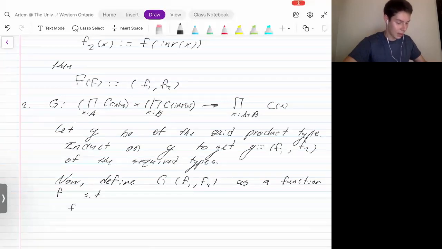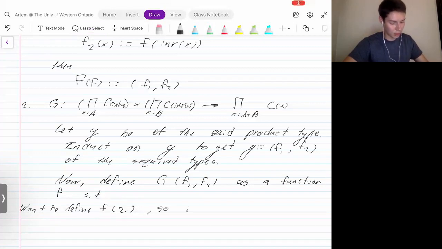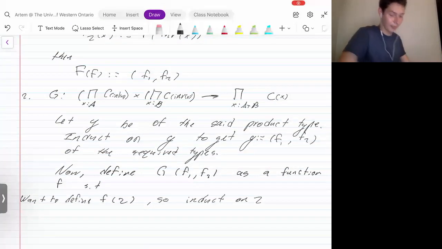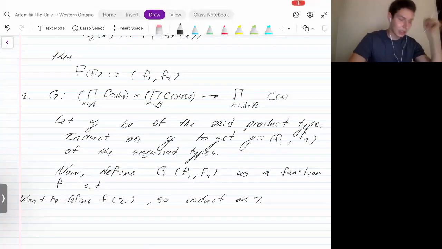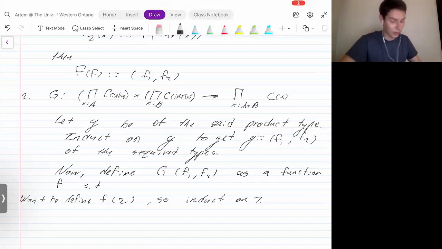Well, f at some variable z we want to define, so induct on z. So f here is supposed to be of the type of this dependent function space, where C is dependent on the coproduct. So we induct on z as an element of the coproduct.